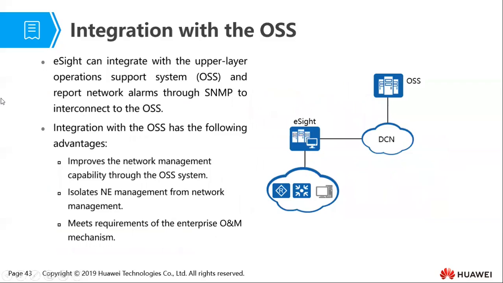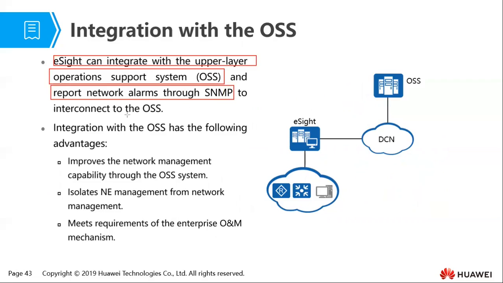And the last mode is what we call the integration with the OSS. So let's first of all understand what an OSS is. So eSight can integrate with the upper layer operations support system and report network alarms through SNMP to interconnect to OSS. So the integration with the OSS has the following advantages. It improves network management capability through the OSS systems.